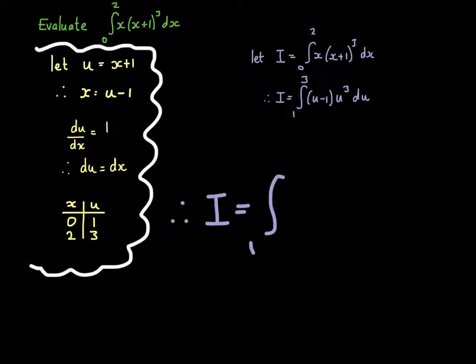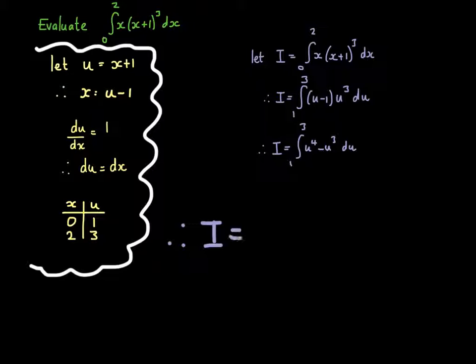Okay, so it's going to be the integral from 1 to 3 of u to the power 4, subtract u to the power 3, with respect to u. So when we integrate that, we will get I is equal to u to the power 5 over 5, subtract u to the power 4 over 4.